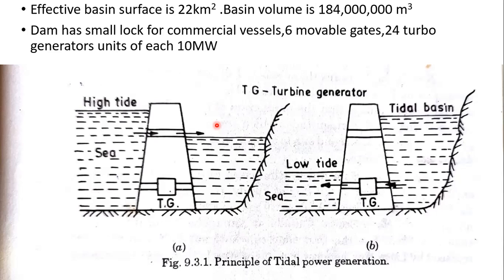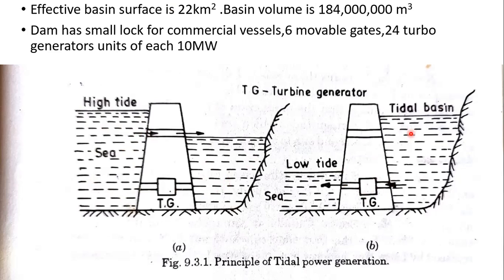If you see, this is the turbine generator here. This is high tide and this is the sea level. This is stored in the basin and it is allowed to pass through the turbine and again to the sea level.